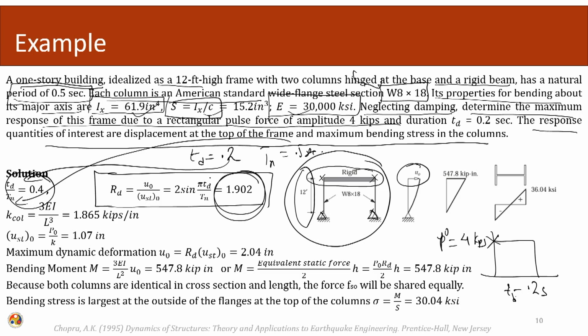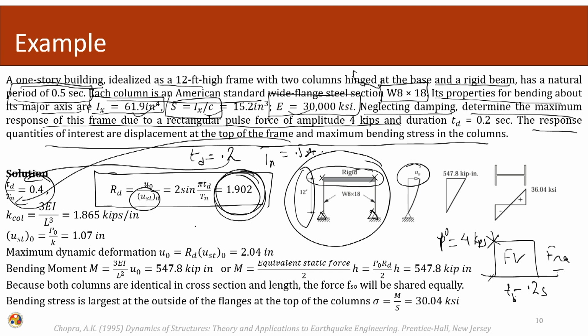What does it mean? It means that when the system is subjected to this forcing function, the absolute maximum response, in the forced vibration case as well as in the free vibration case, will be 1.902 times the static deflection.